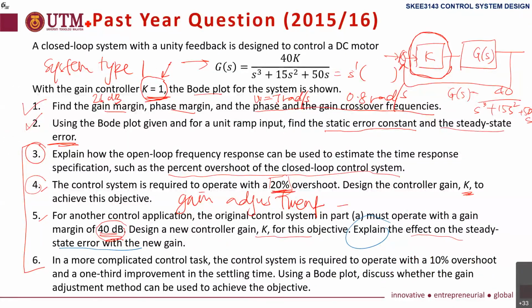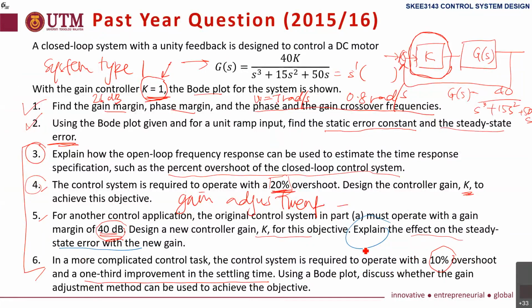Number 6, in a more complicated control task, the control system is required to operate with a 10% overshoot and a 1/3 improvement in the settling time. So now the question wants to achieve two objectives.